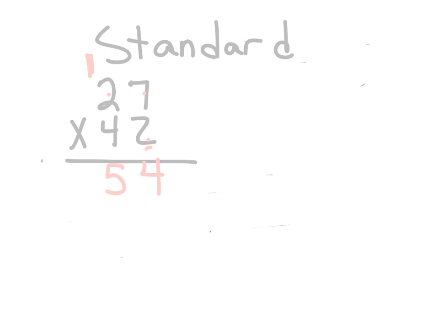But now in our standard algorithm, since we have a 2-digit number, we have to multiply now in the tens place, and we need that placeholder in our ones column. But now we're ready to multiply by the tens. 4 times 7 is 28, so I put my 8 there. Carry my 2. 4 times 2 is 8, plus 2 is 10.